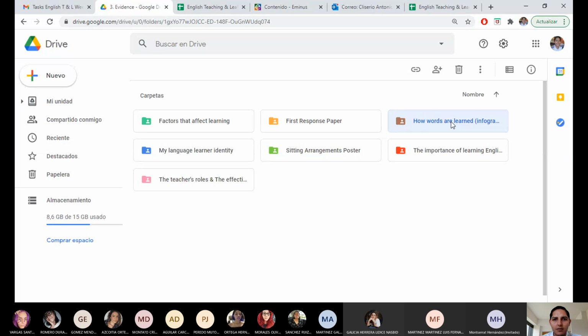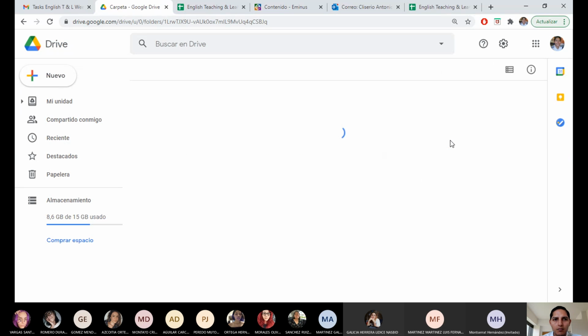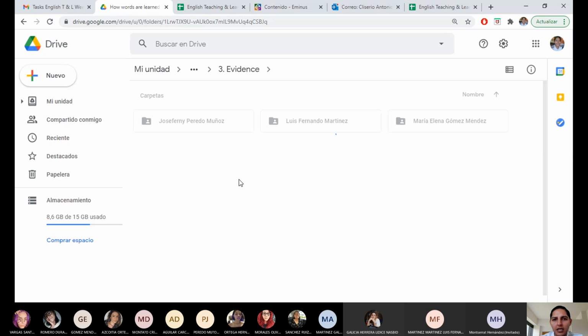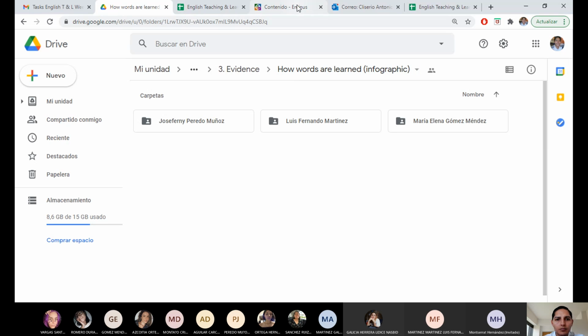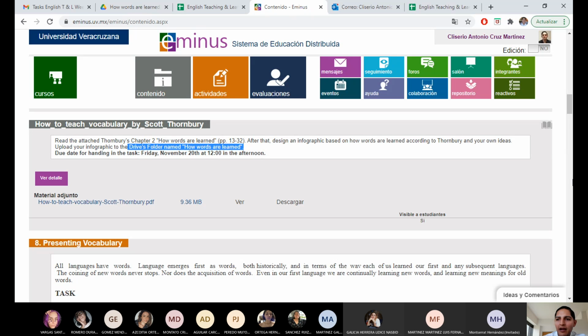You click it twice. Okay, it's loading. Well, and here you create a folder with your name and you place your infographic there. Okay. Some people have already done this very well. Now, after that, this is 5%.